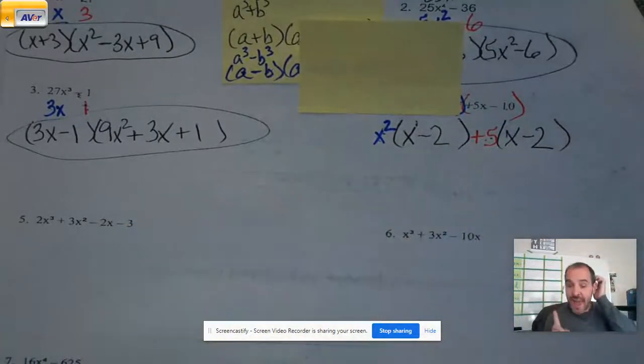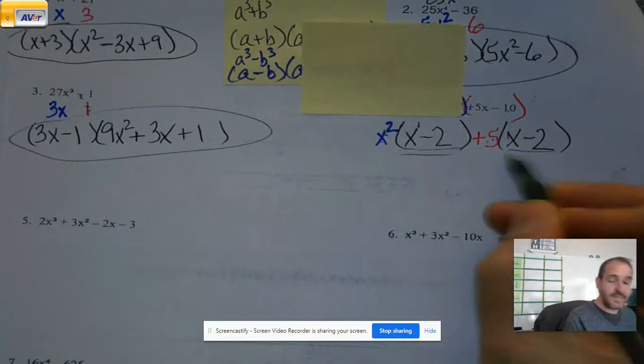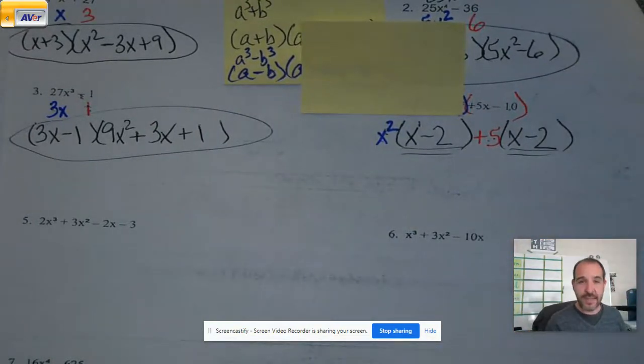What should happen, if I've done this right, is that the 2 sets of parentheses I have left over once I take out my greatest common factor should be identical. If they're not, something went wrong somewhere. Either didn't take out a large enough value, or I forgot to take out a value, or I messed up a sign or something. So keep digging. It's like a puzzle. It'll work. You just got to keep rearranging it until you get there.